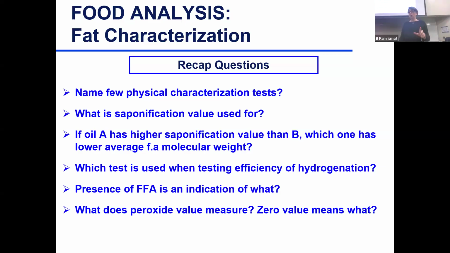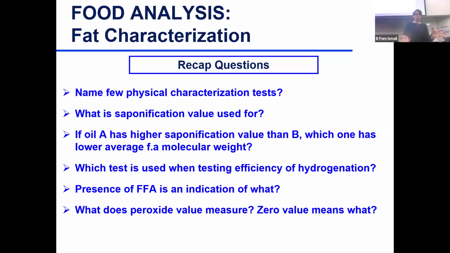Yeah. So if we have hydrolytic rancidity due to the presence of enzymes, you will have higher free fatty acid. But what about frying oil? The more you fry in the same oil, the higher or the lower the free fatty acids? The higher.